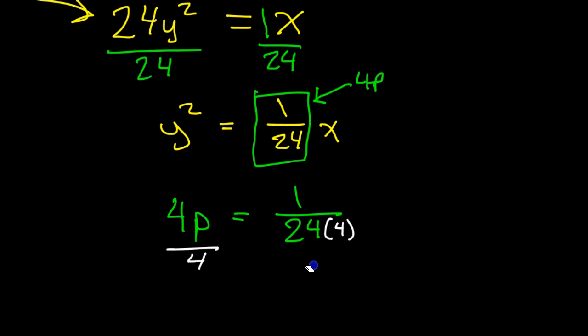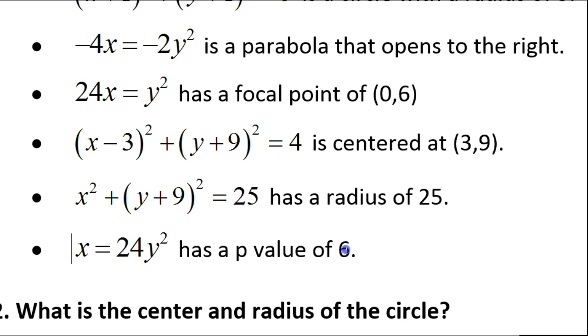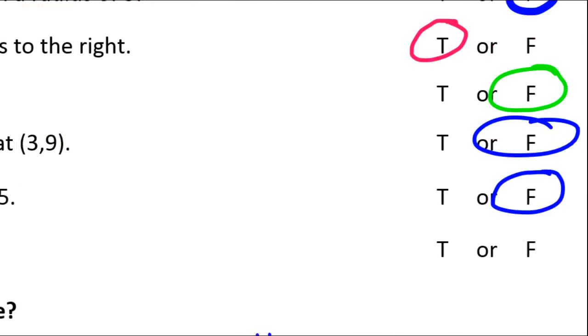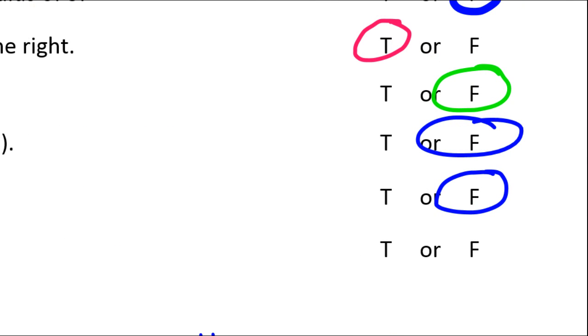All right, so dividing by 4 would be the same thing as multiplying the denominator by 4. So p is equal to 1 over 96. Okay, so looking back at the question, the point is that p is definitely not 6. Definitely not 6. So this one is false.